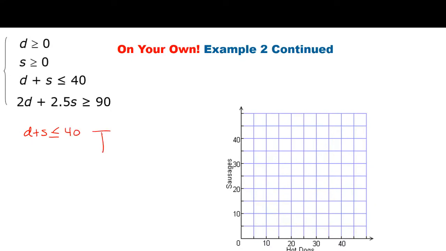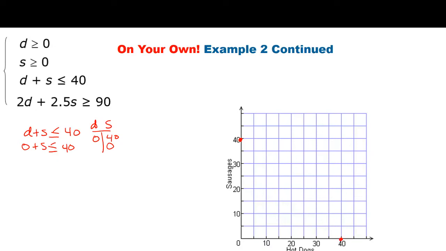Let's make a T-chart, X and Y, and solve. Actually, we're going to call them D and S. So when D is 0, 0 plus S is 40, so let's put 40 for our S. That's 0 hot dogs and 40 sausages. And on the other side, when I sell 0 sausages, that means I have sold 40 hot dogs.